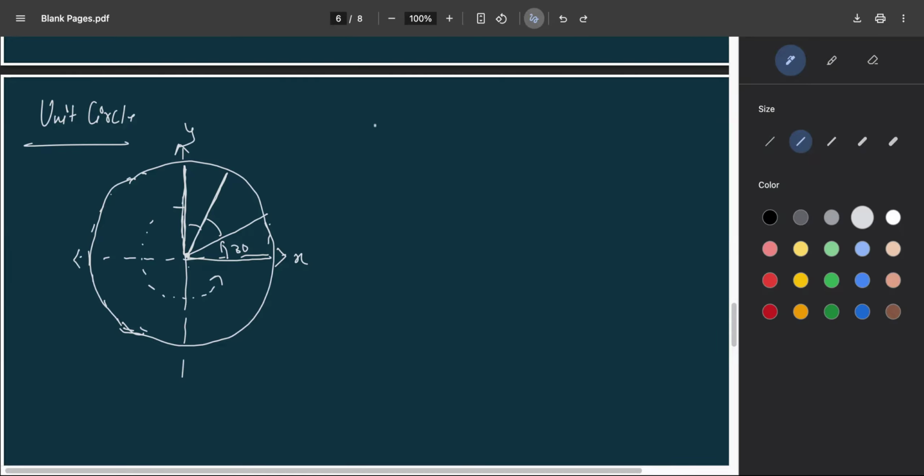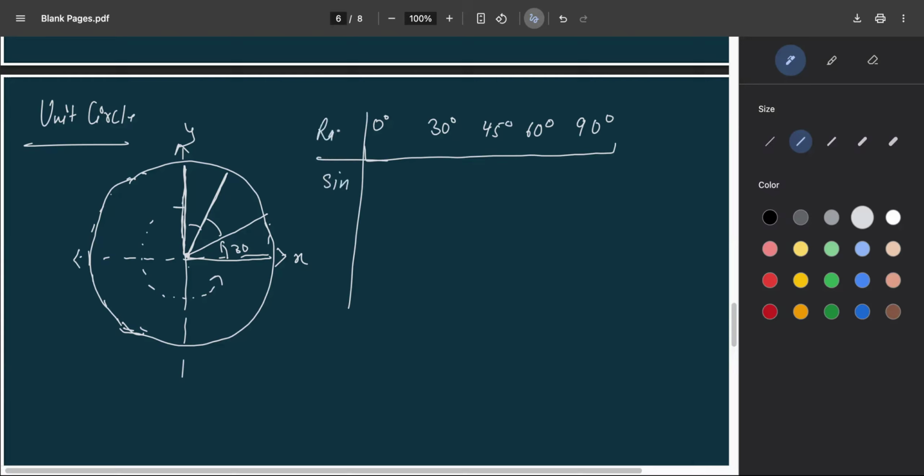So here we are talking about 0 degrees, 30 degrees, 45 degrees, 60 degrees, 90 degrees. These five values you need to remember for three ratios: sine, cos, and tan.